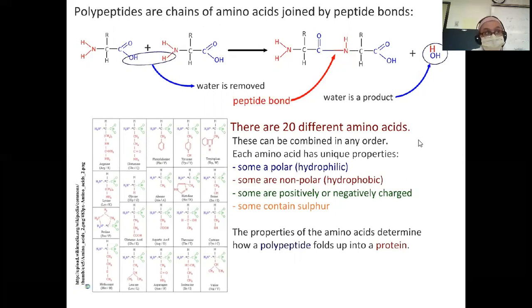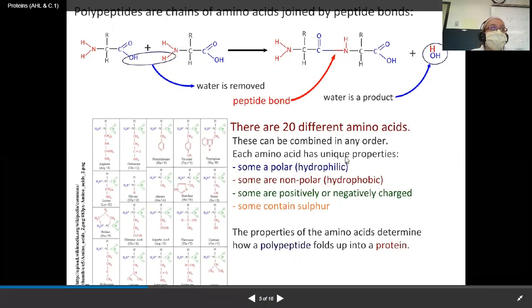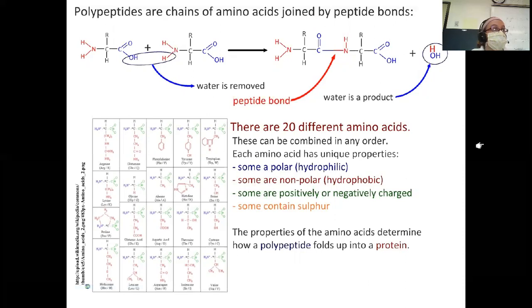You don't have to do that now, but you should know the highlighted parts here. Some are going to be polar R groups, some are nonpolar, some will ionize, so they'll have a full positive or a full negative charge, not just a partial one. And then some contain sulfur. Okay, and those are the four properties that determine how that protein folds.